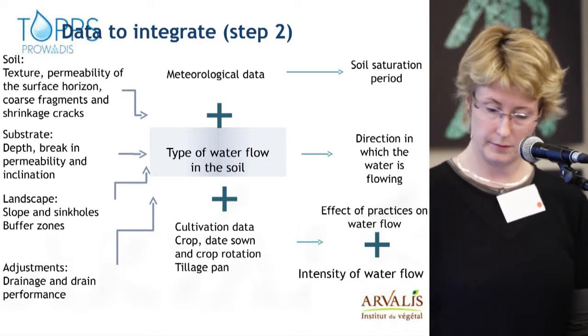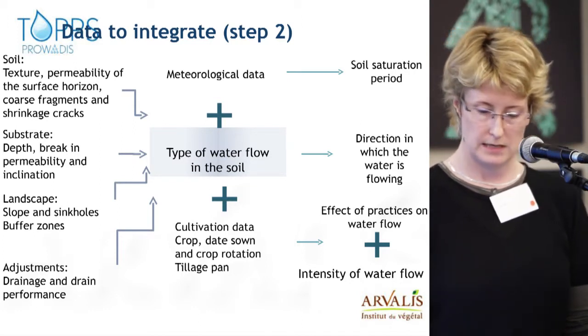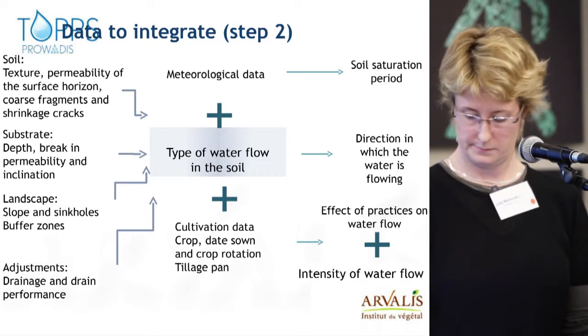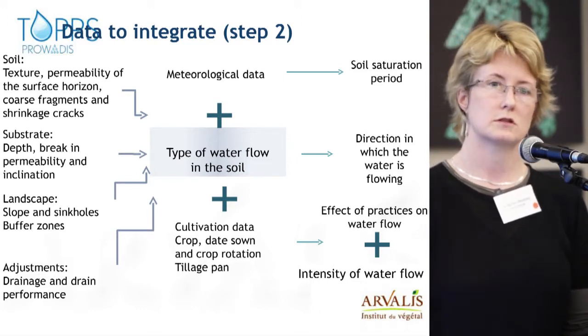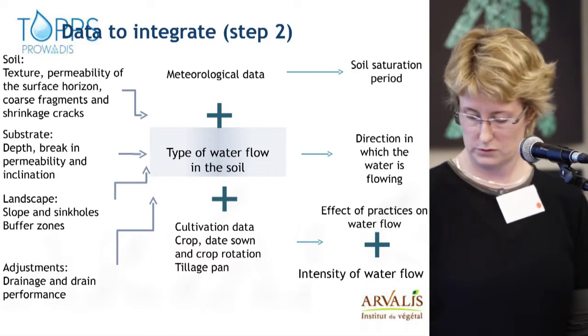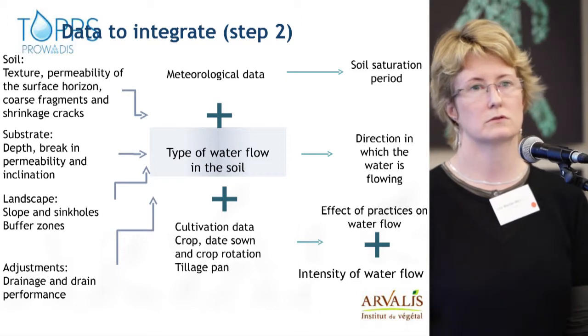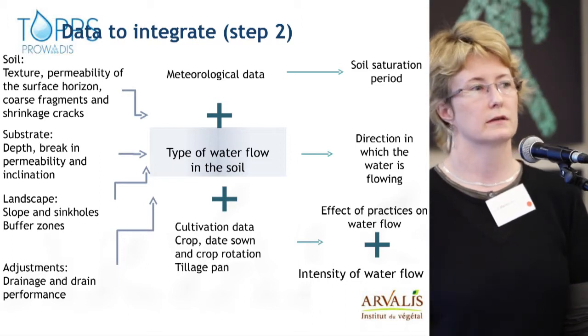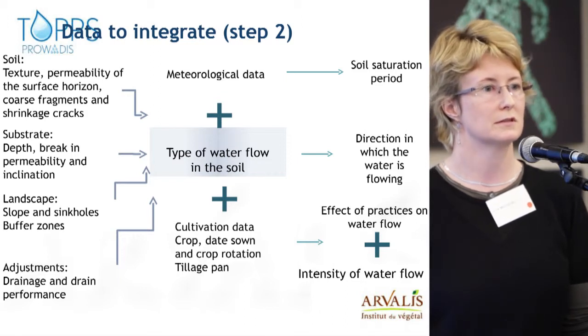We need information on the landscape as well: slope, for instance, which aggravates runoff, buffer zones, which can prevent it, and adjustments such as drainage and the drainage network. This leads us to the evaluation of the type of water flow in the soil and to identify the direction of this water. So is it superficial or is it groundwater?